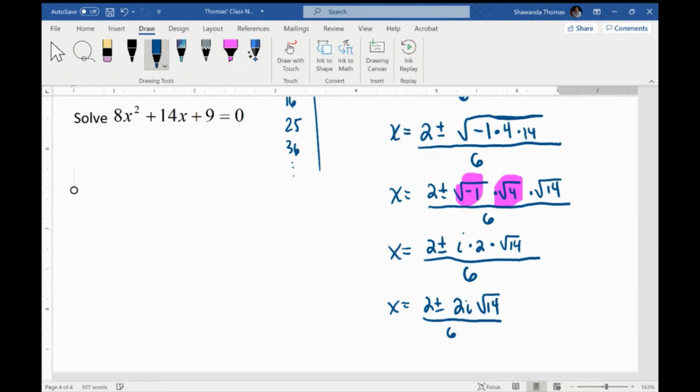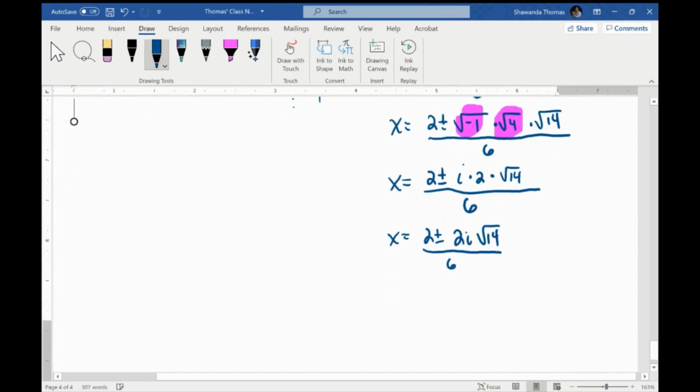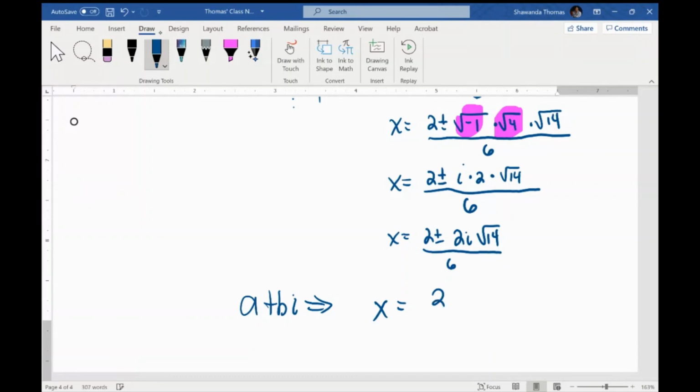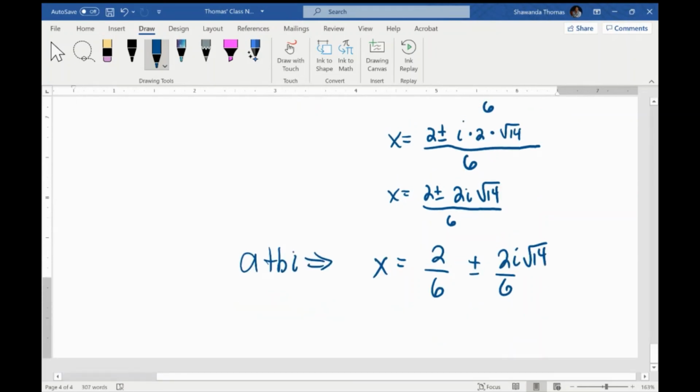But guess what? We're going to split it up because I want it in the a plus bi form. So x equals 2 over 6 plus or minus 2i over 6 times the square root of 14. So which means it reduces to what?